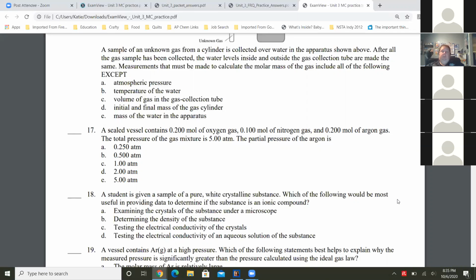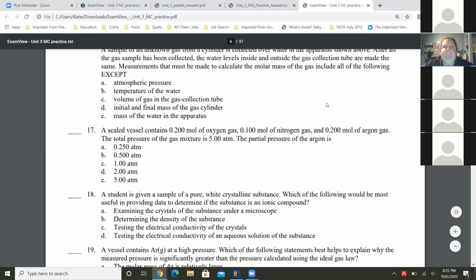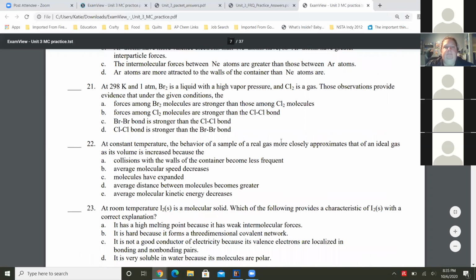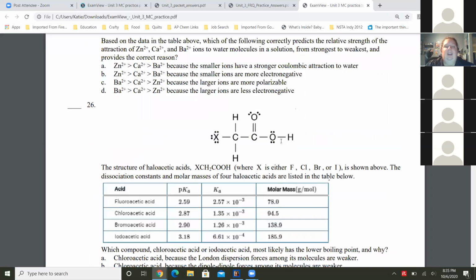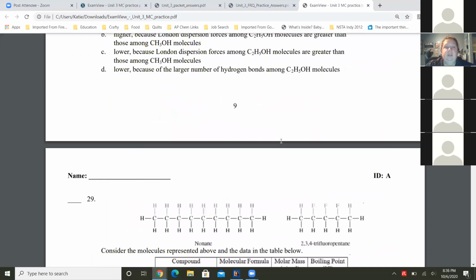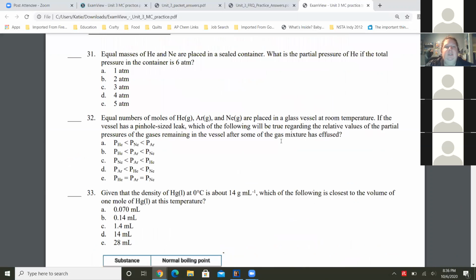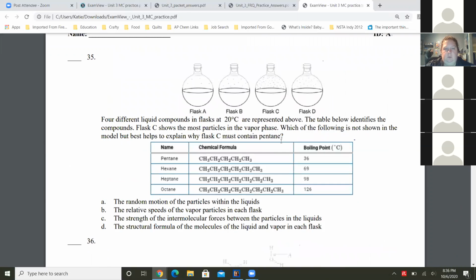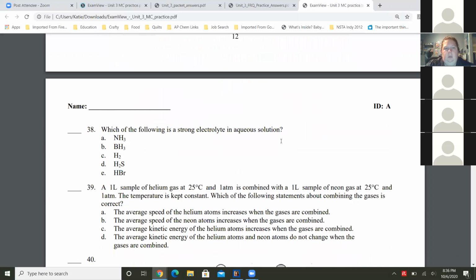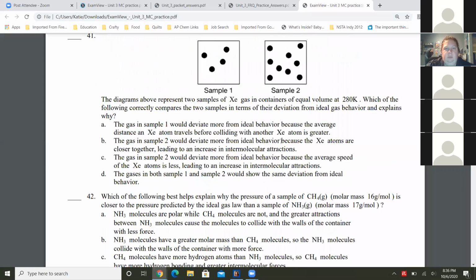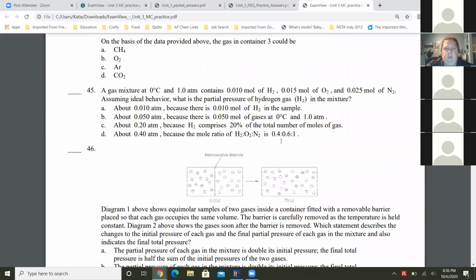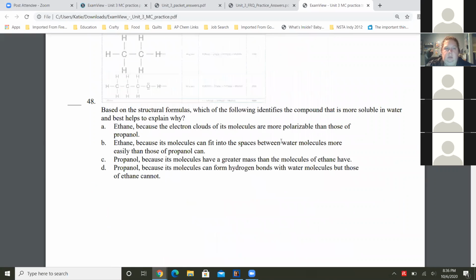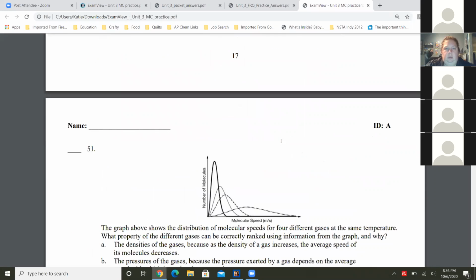I have a question about ion dipole forces. So if you're given a molecule, like just a compound, how can you tell if it has ion dipole? So ion dipole is not going to happen in one substance. It's going to happen between 2 different substances. I thought there was a question on your multiple choice.